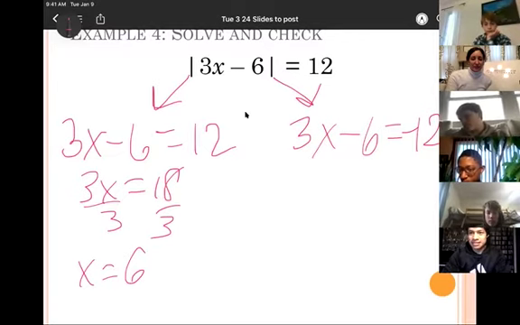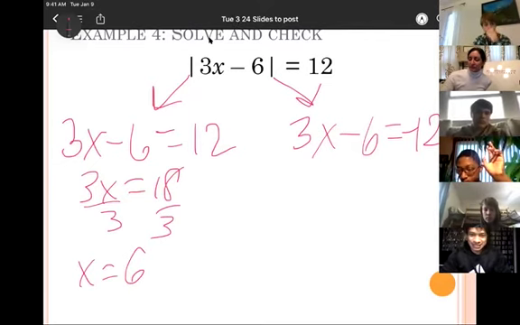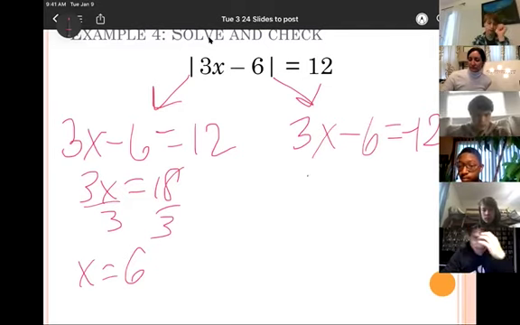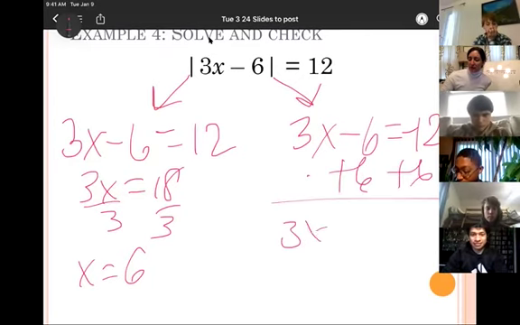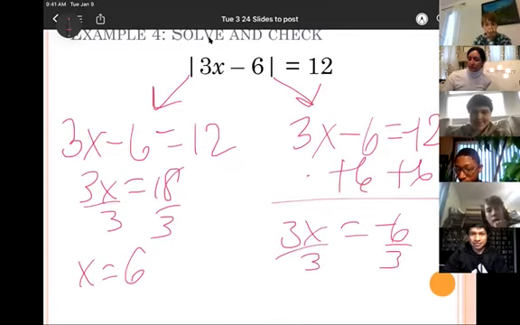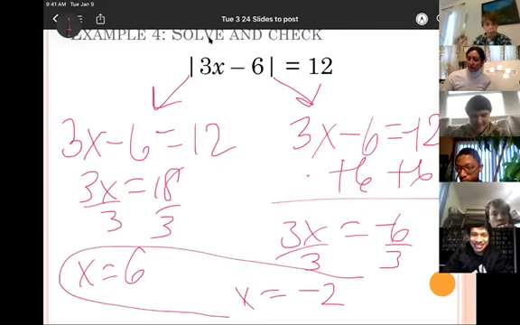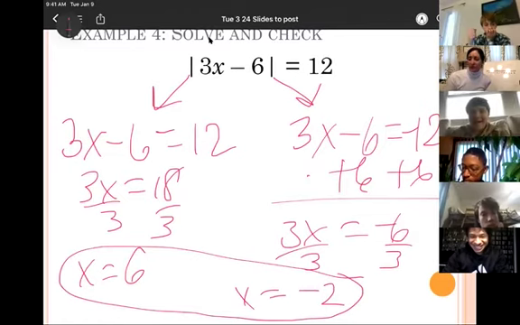He muted himself again. All right, fine. Amir. 3x equals negative 6. Yep, because we're at 6. So we have 3x equals negative 6, and you divide by 3. X equals negative 2. So we have 2 solutions: x equals 6 and x equals negative 2.